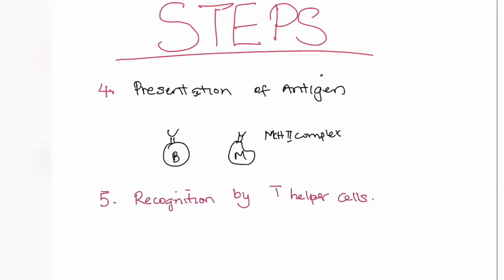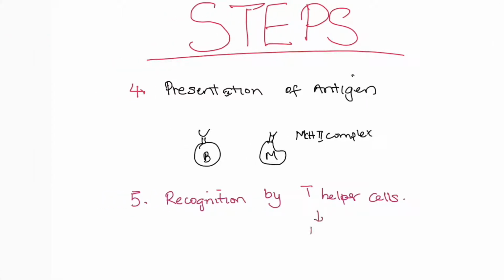Your T helper cells will recognize them, and this will cause activation of these cells and proliferation, and it usually involves your cytokines. Examples of these cytokines include your interleukins. For T helper cells, it is usually interleukin 2 to 6, so 2, 3, 4, 5, and 6, and also your gamma interferons, right? These are all produced by the T cells.